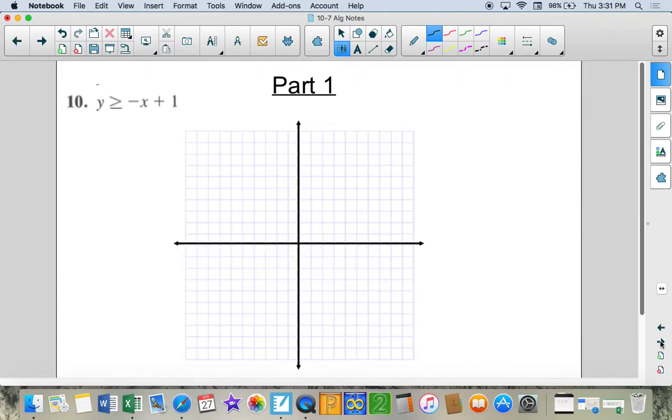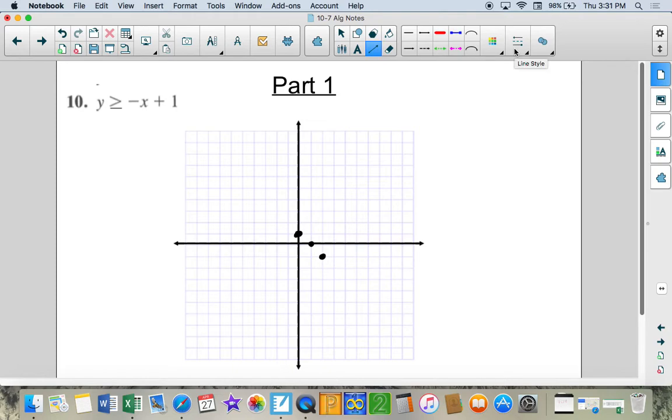When we get inequalities, however, we are going to do the same thing. We're going to graph it in the same way, where we look at our y-intercept, which is 1. We're going to make a dot. We look at our slope, which is -1. So we're going to go down 1, right 1, down 1, right 1. And then we're going to draw a line.